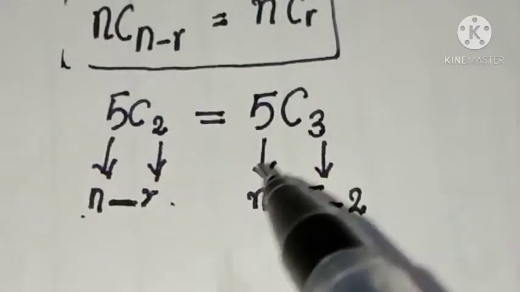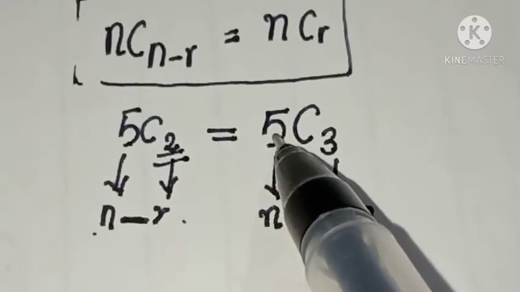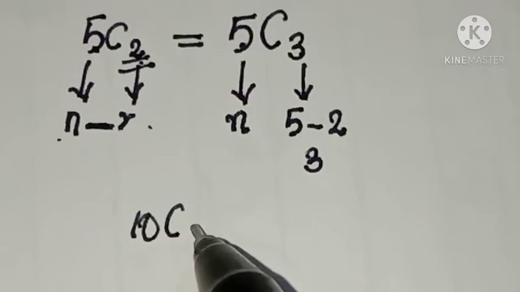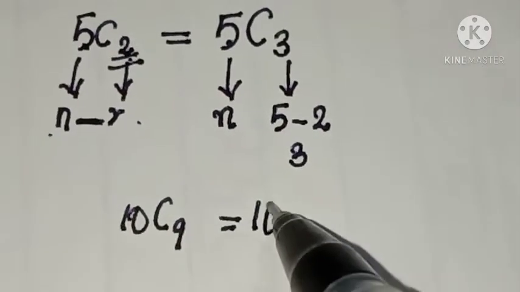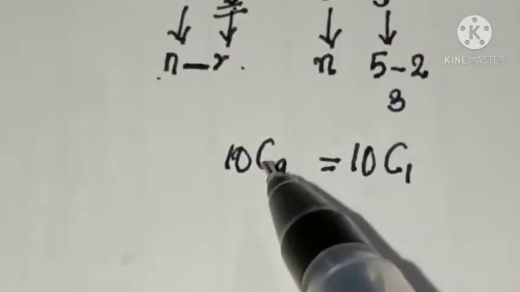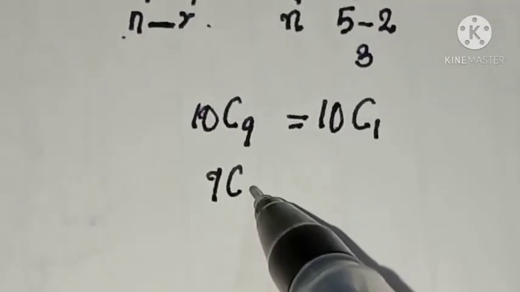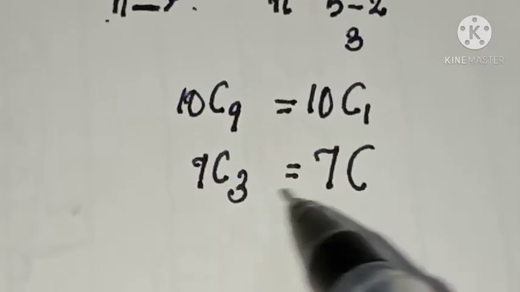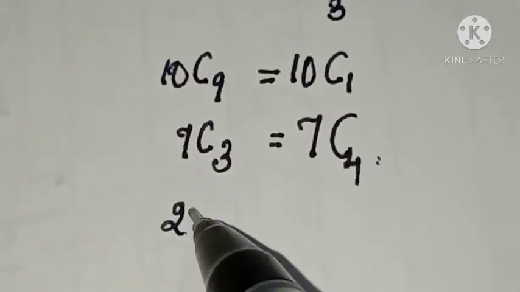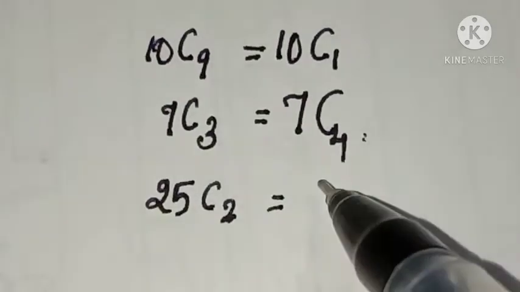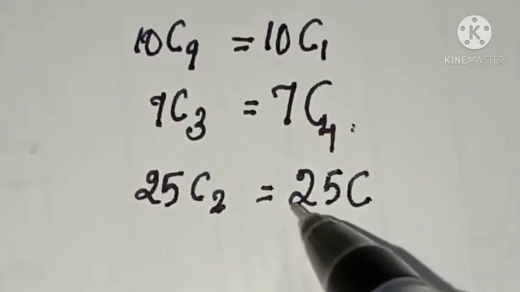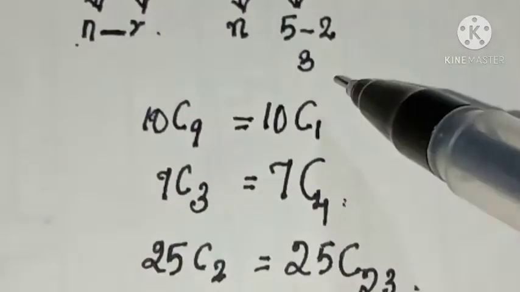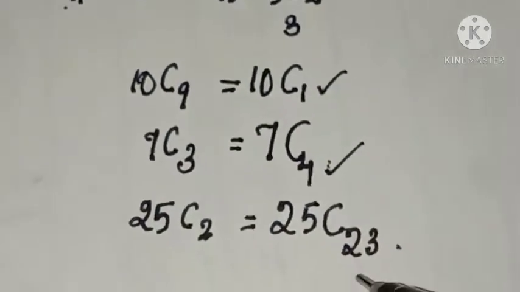So 5C2 is the same as 5C3. Another: 10C9 is the same as 10C1, that is 10 minus 9. 7C3 is the same as 7C4, just subtract 7 minus 3. 25C2 is the same as 25C(25 minus 2), which is 23. So while doing problems, we sometimes use this result.